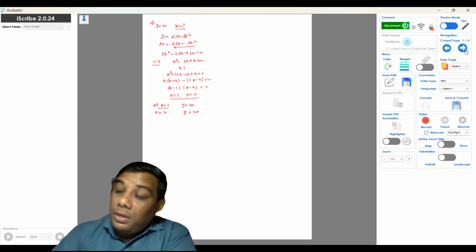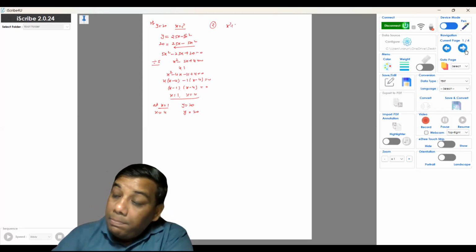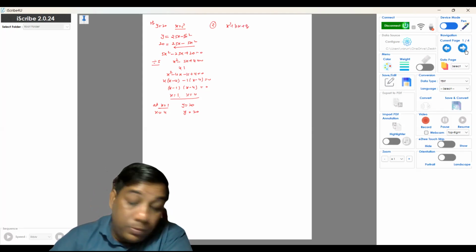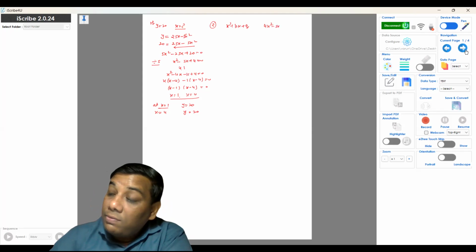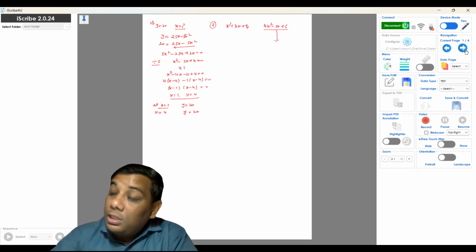Now, the next problem: a quadratic polynomial x square plus px plus q is given to you, and another polynomial 4x square minus 5x plus 6 is given. These are two different polynomials.